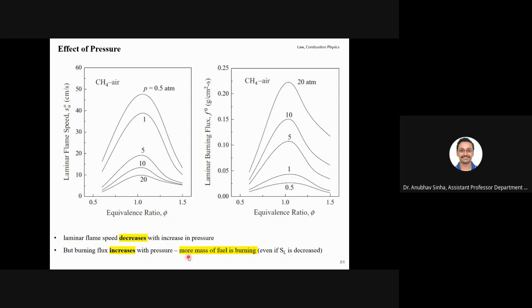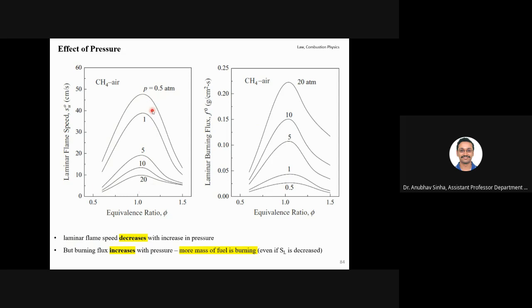If you increase pressure, look at this plot. For 0.5, if you go to 1, 5 atmosphere, 10 atmosphere, your flame speed is coming down. You forget about this one, just focus on this plot.